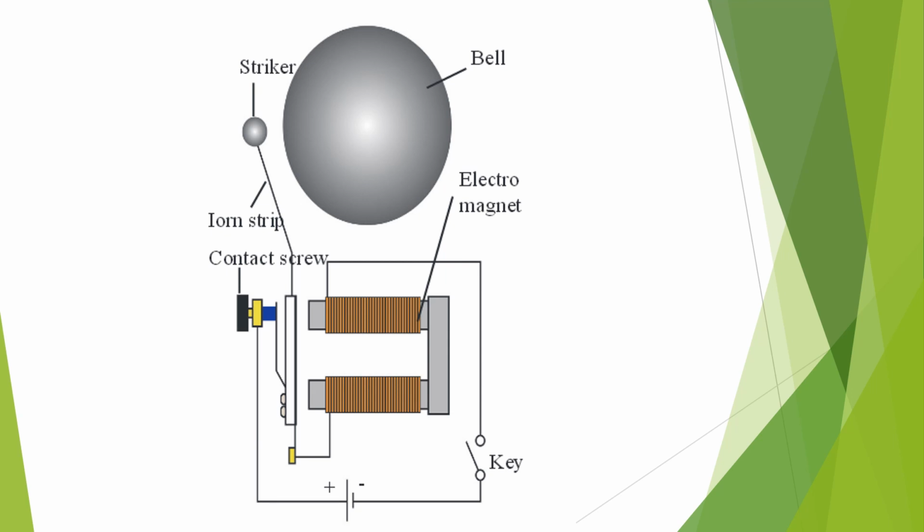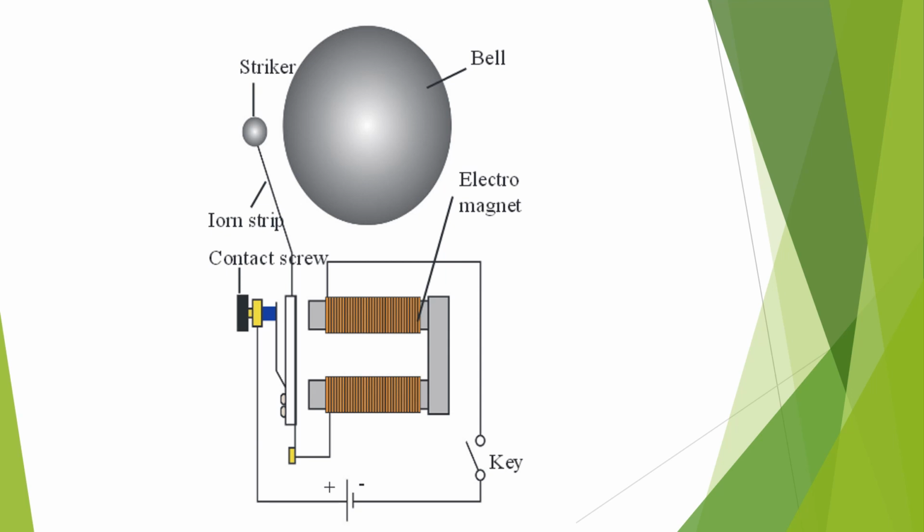When the plug closes, electricity is going to pass through the wire. When electricity passes through the wire, the electromagnet, or the iron piece, becomes magnetic. Because it has become magnetic, it will attract the iron strip towards itself. When it attracts the iron strip, the striker will hit the bell and the sound will be produced.